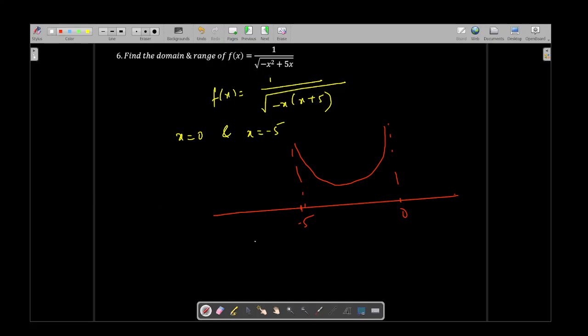I would write only the domain here. The domain is -5 to 0, and I would encourage you to find the range. What is f minimum? I would encourage you to do this.